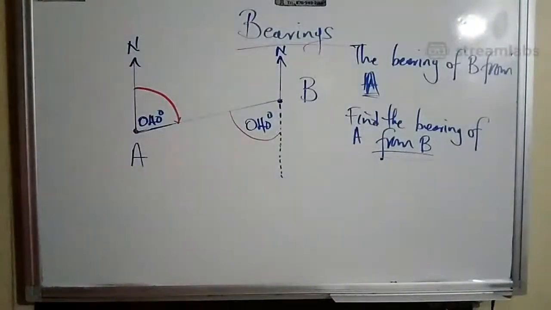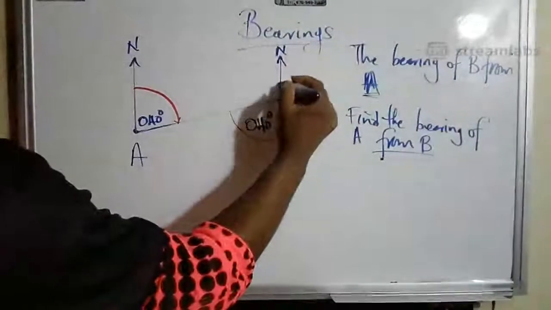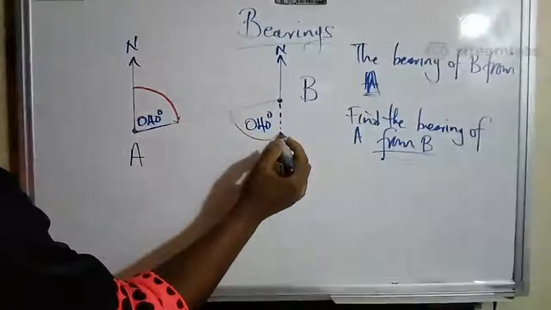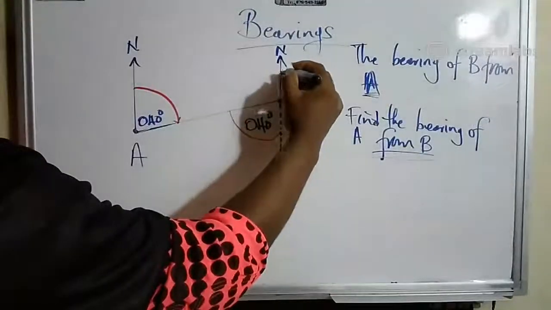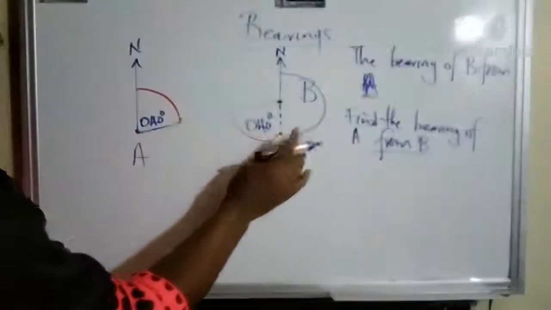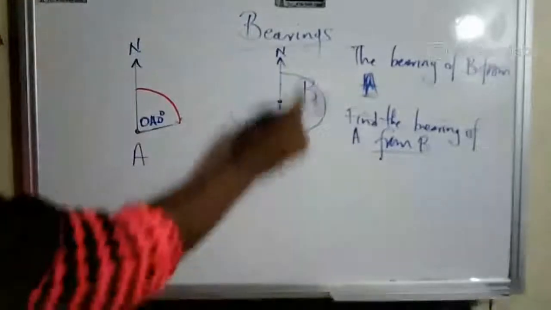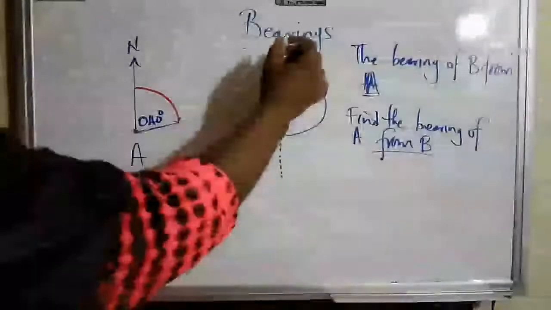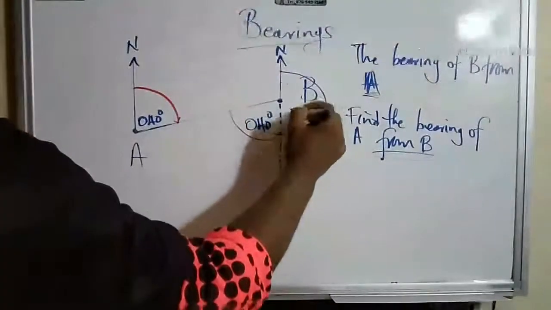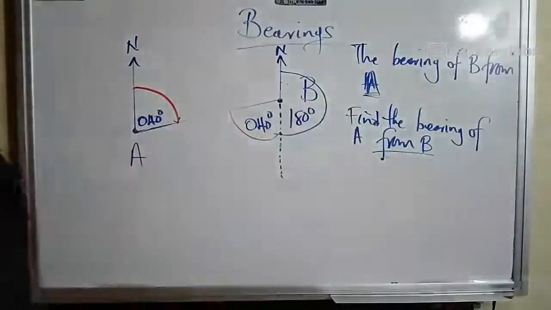Now let us look closely again, guys. If we are starting from here and we come all the way to here, because see, we have an extension. So from here to here, how much would this be? Look at it closely. Does that look like a semicircle? Alright. So as angles on a straight line basically, this is 180 degrees.